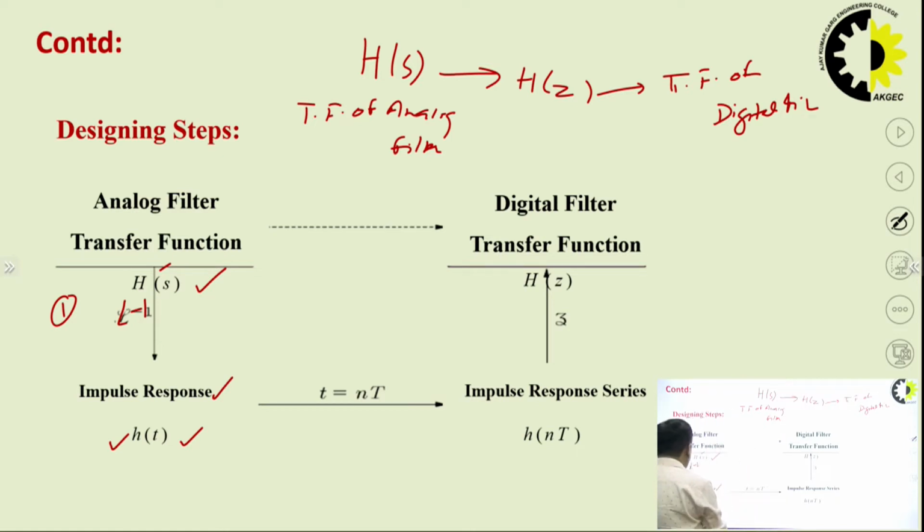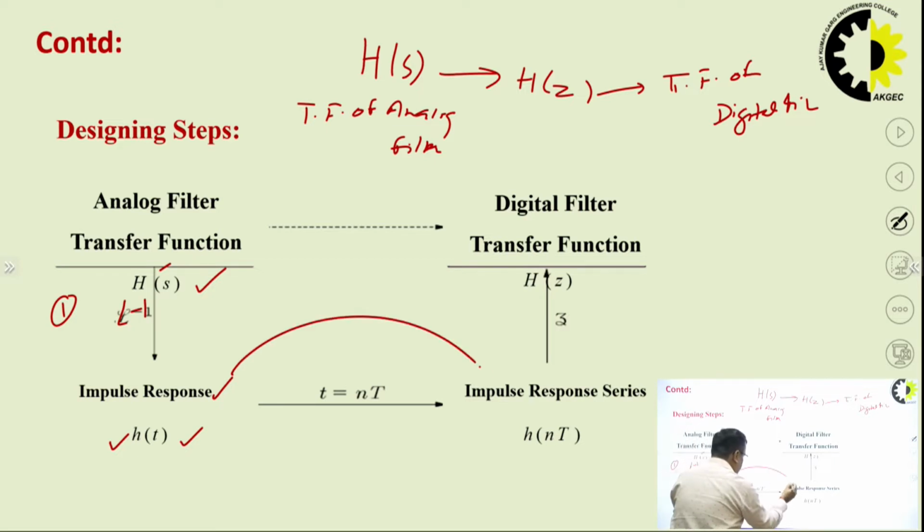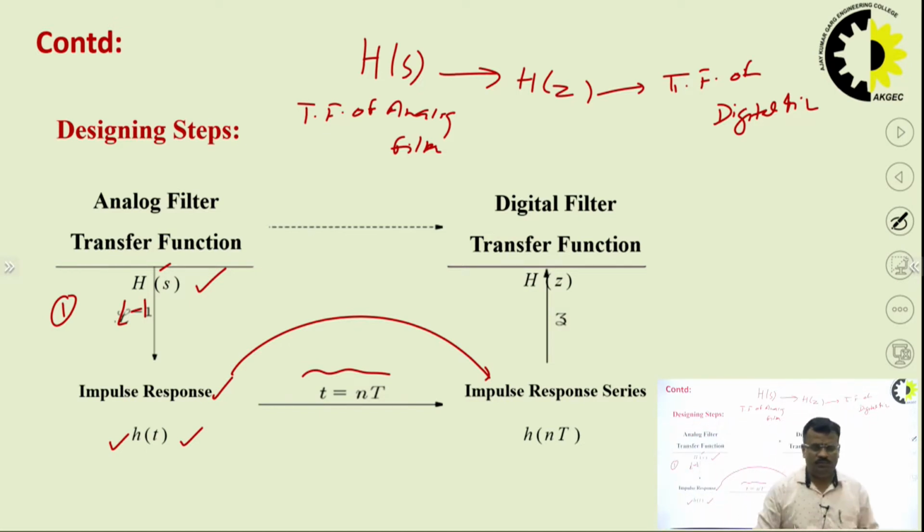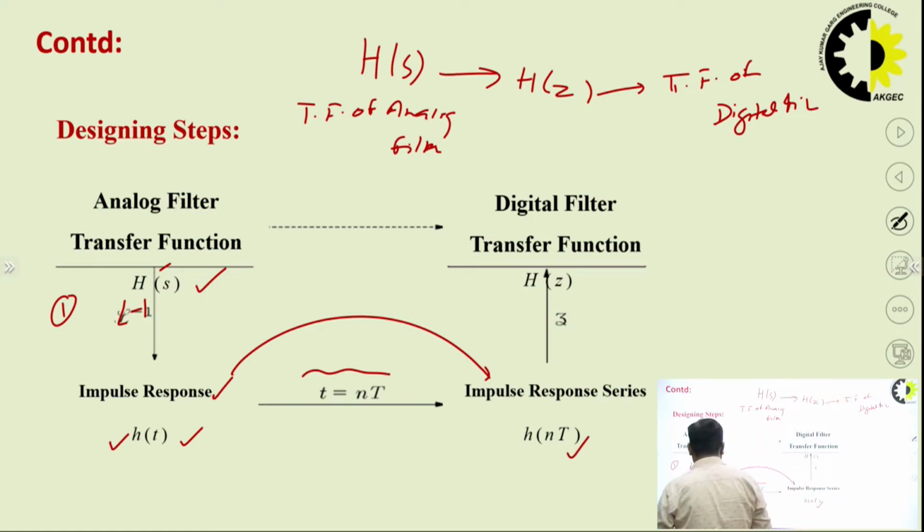So, here you are doing the uniform sampling. Simply, you have to put small t equal to nT, then you will get h of nT. This is our second step.